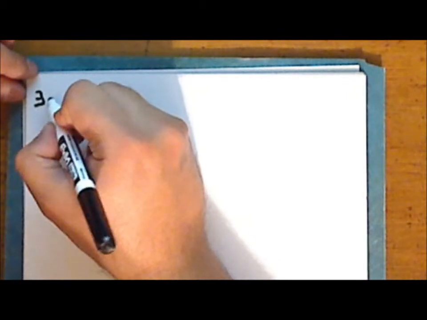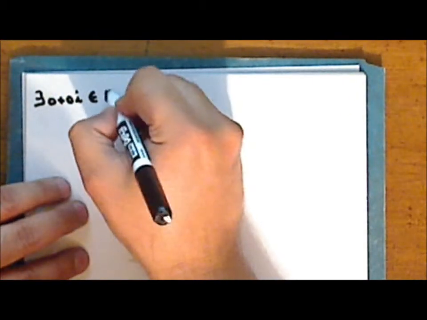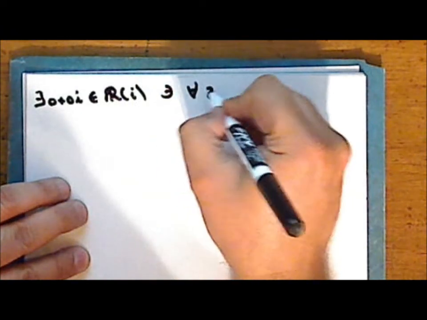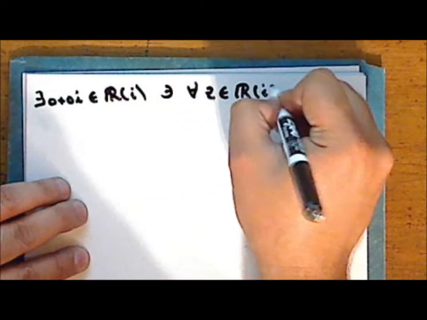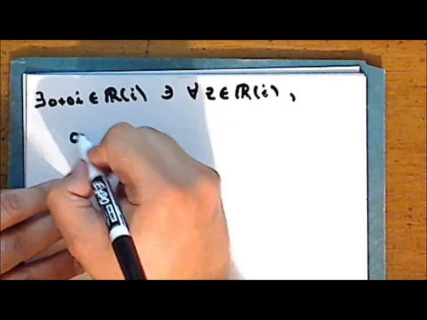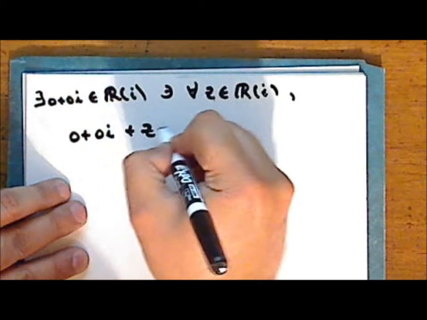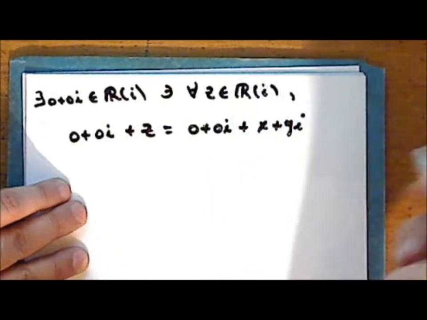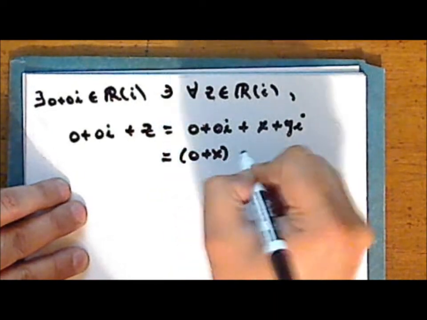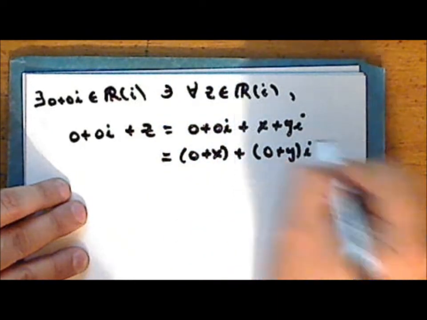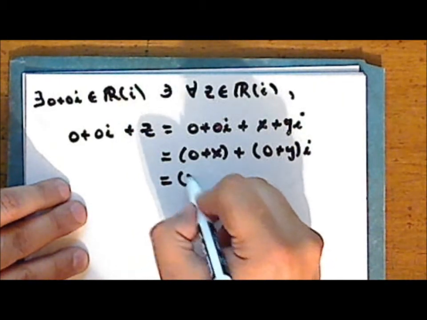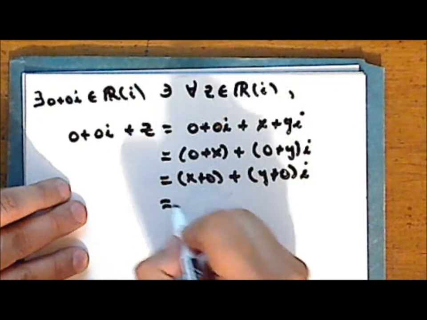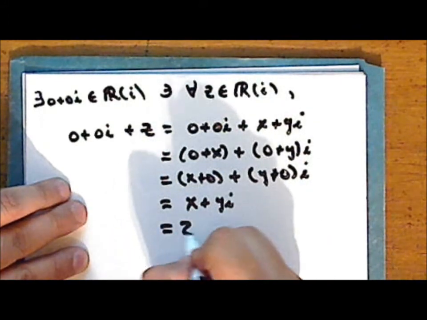Now there exists the number 0 plus 0 times I in the set, such that for every number z in this set, we have 0 plus 0 I plus the number z is 0 plus 0 times I plus x plus y times I, which is 0 plus x plus the quantity 0 plus y times I, which is the same as x plus 0 plus the quantity y plus 0 times I, which is x plus y times I, which is the number z.